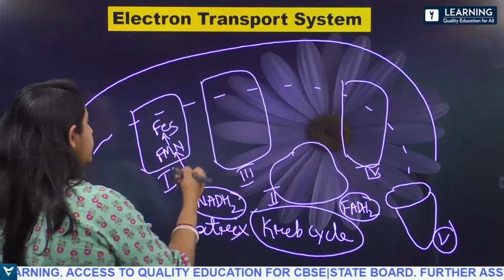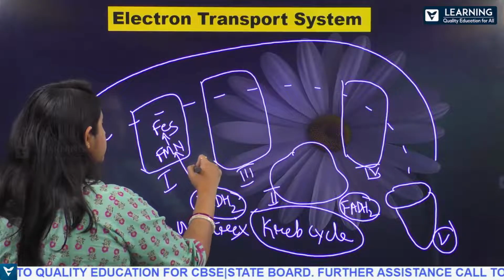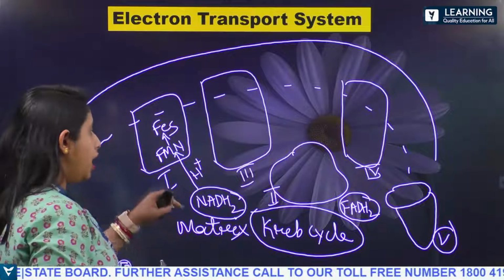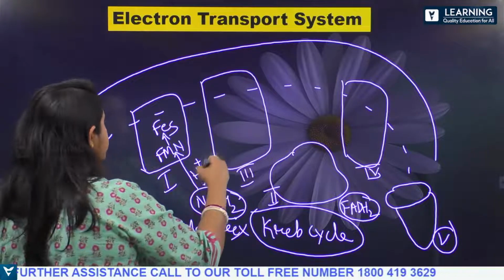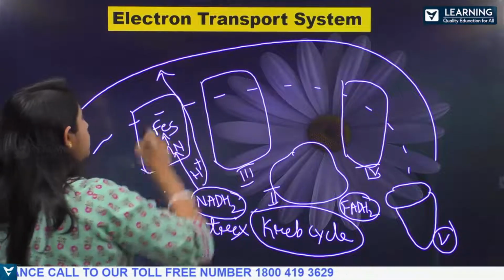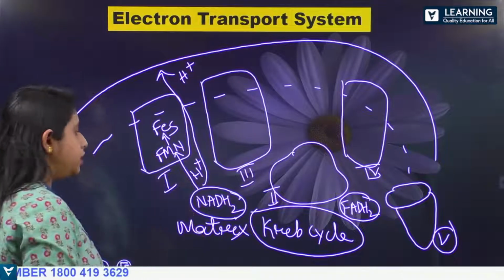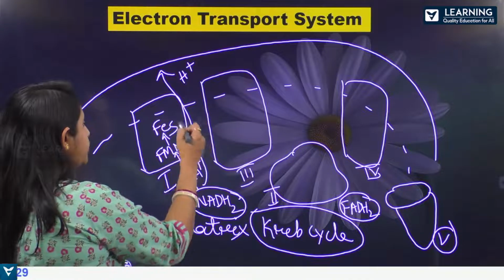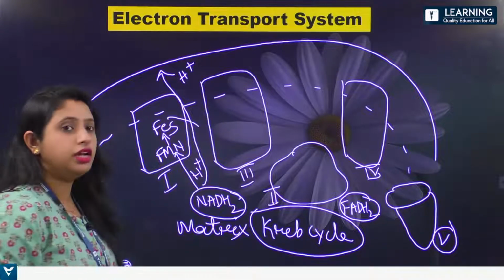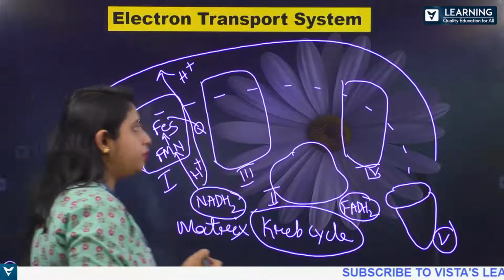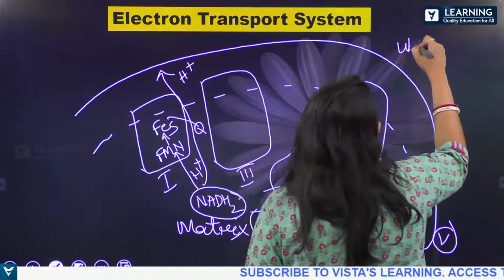During this process, the hydrogen which is evolved because of this energy molecule will be released outside, in the outer membrane. So this hydrogen will be released here. Now from this FeS, there is another molecule which is known as ubiquinone, I'm writing Q. What is that? Ubiquinone.